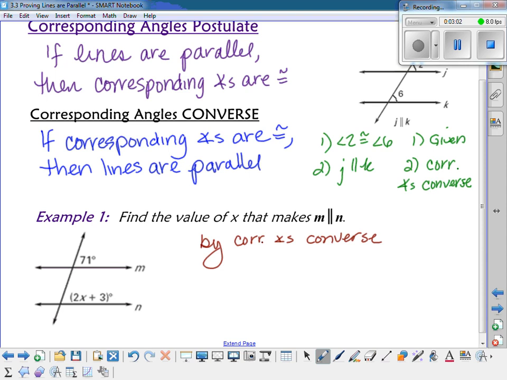And so 2x plus 3 would have to equal 71. Now it's just algebra 1. We subtract 3 from both sides and we get that 2x is equal to 68. And then dividing both sides by 2, we get that x is equal to 34. So if x is equal to 34, then I know line M would be parallel to line N.